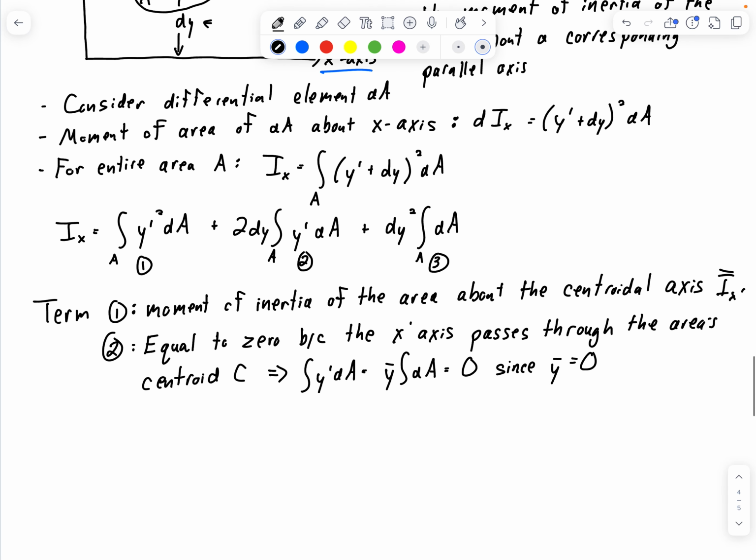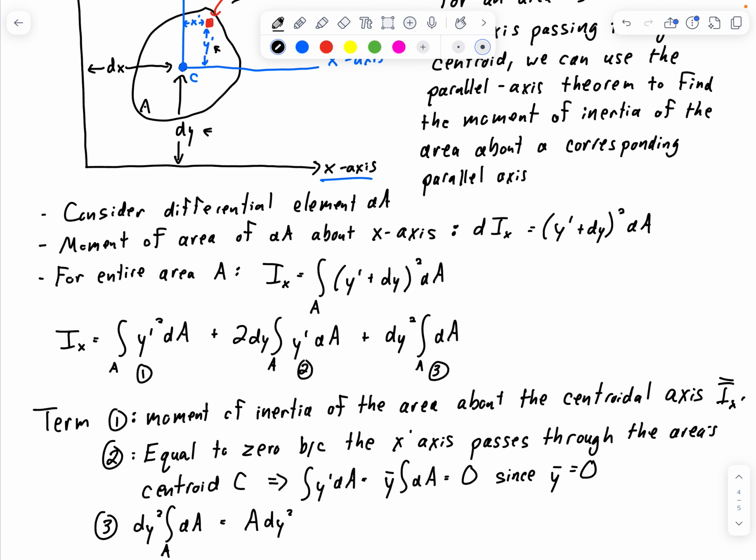So the third term is the integral over the area of dA, and this is simply the area times dy squared. So the area of that shape multiplied by dy squared, where dy is the distance from the centroid to the x-axis, which is the other axis you're trying to find the moment of inertia about.